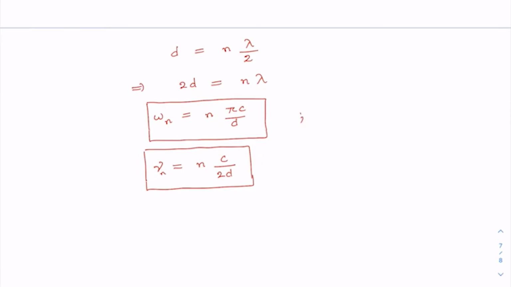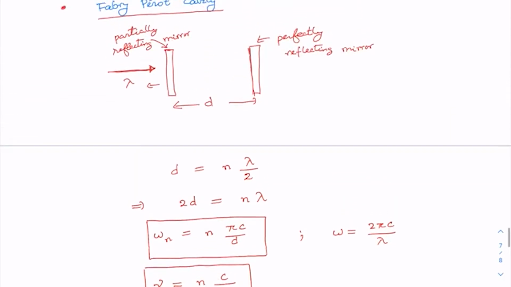Just to remind you that angular frequency and wavelength are related by this expression. Suppose the medium inside the cavity is air, so the refractive index n is equal to 1.